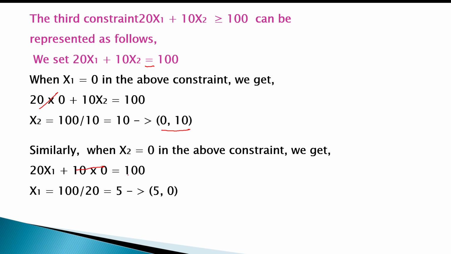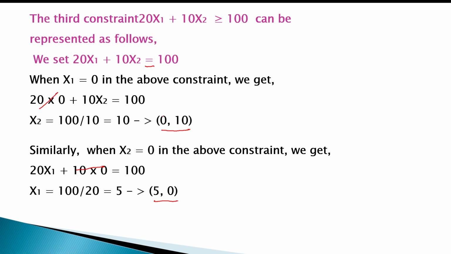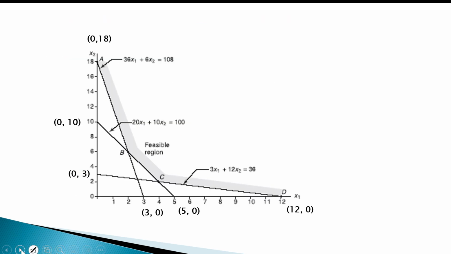So x1 will be 100 divided by 20, which is 5. Then connect these two points, you can get the third linear graph. So you check back: the third graph passes through (0, 10) and (5, 0). So this is the third constraint.